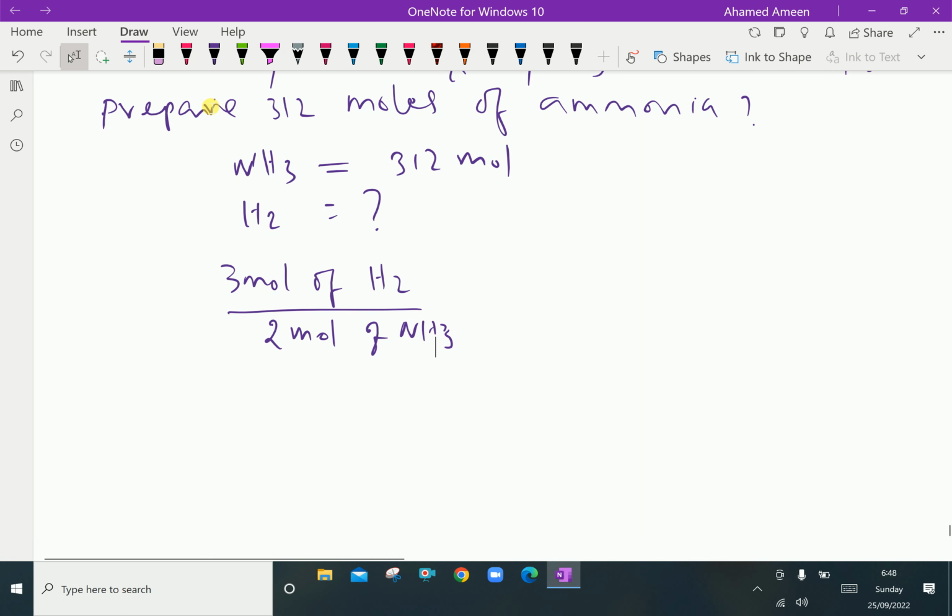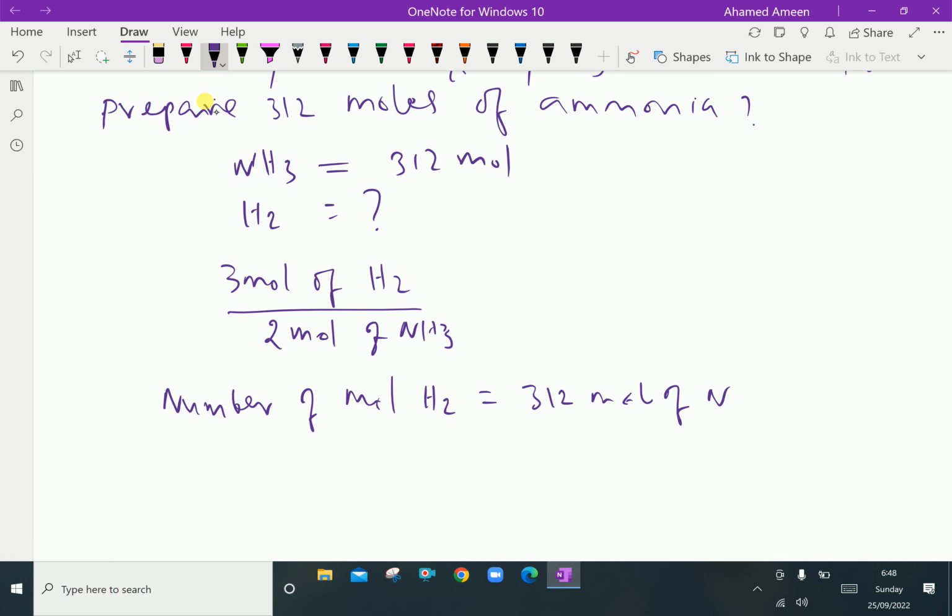Then the number of moles of H2 is 312 moles of NH3 times 3 moles of hydrogen over 2 moles of NH3. So from this equation, these mole values are correct.